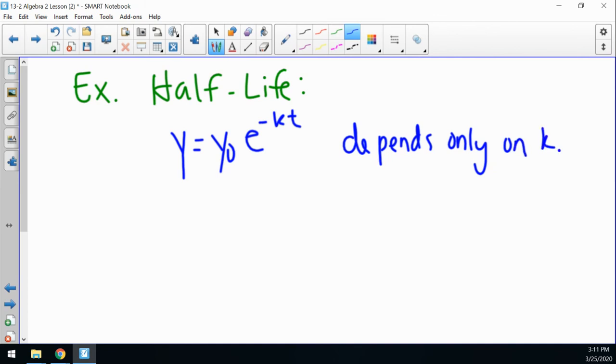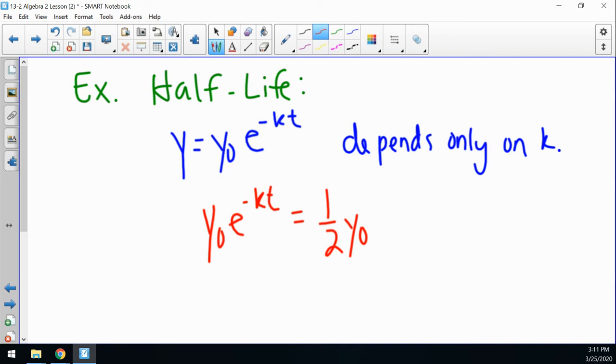Okay, so here's what we're going to do. We know that it only depends on k, right? So we want our original amount times e to the negative kt power to be half of our original amount, right? And so we're going to solve this out.